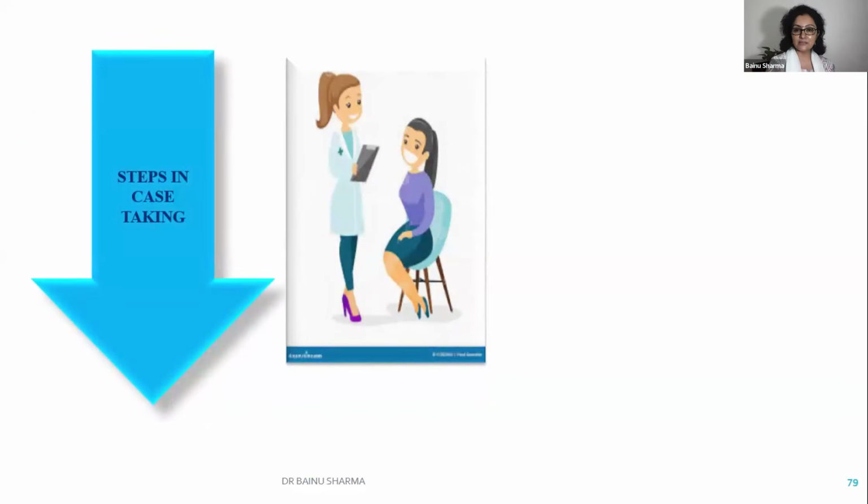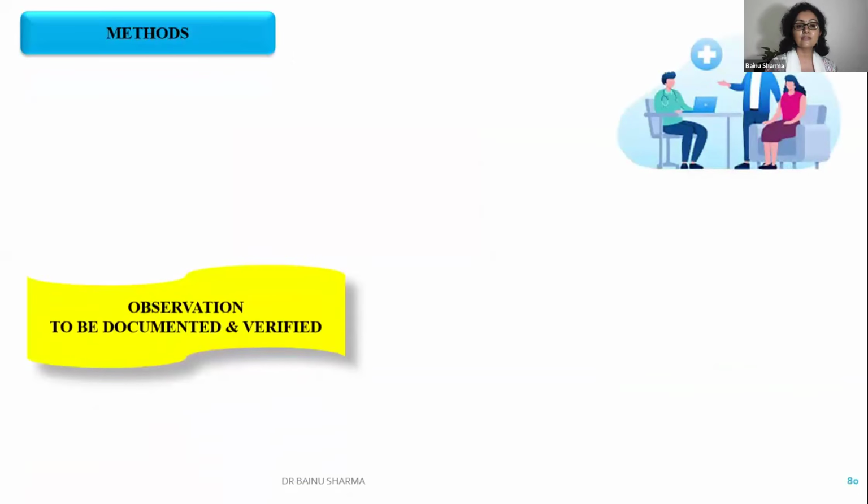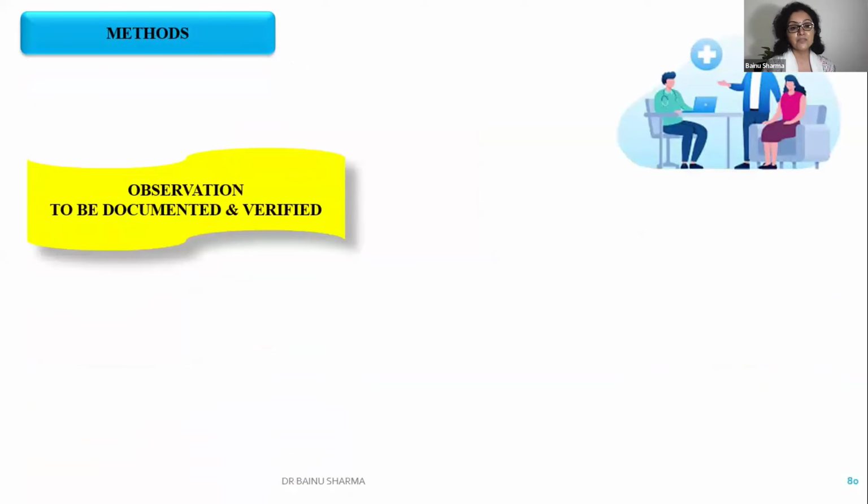Then what are the steps? How do we start? As I explained in the first session, Dr. Hahnemann has also mentioned in his Organon of Medicine that the first step towards case taking in homeopathy or any pathy is observation.